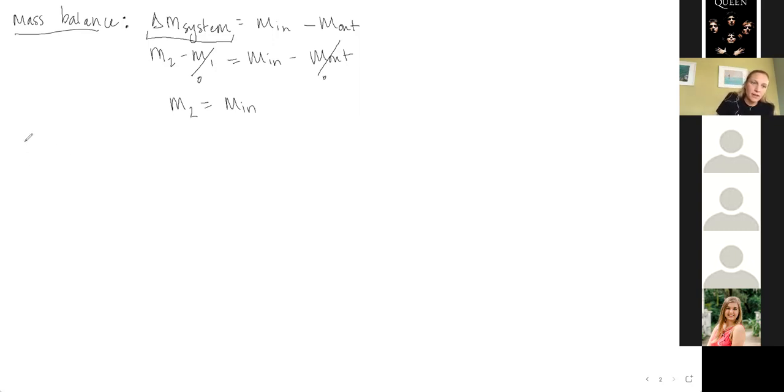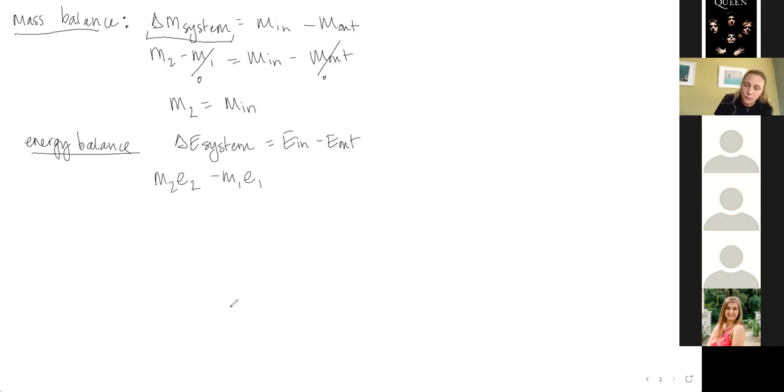There's our mass balance. Our energy balance is going to be a parallel equation where we have the change in energy of our system equal to the energy coming in minus the energy going out. And the energy of our system here is M2 specific energy 2 minus M1 specific energy 1, our final and initial state.